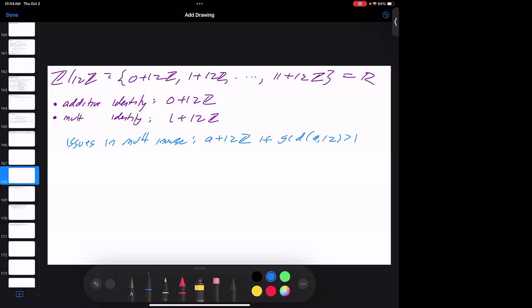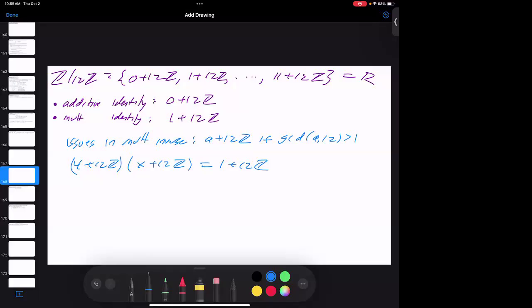Let's say I want to do 4 plus 12z times x plus 12z equals 1 plus 12z. I'll let you go through and show that 1 plus 12z really does act as the multiplicative identity. That's not too bad because we said the way you multiply them is you just multiply whatever's in front of the plus sign.